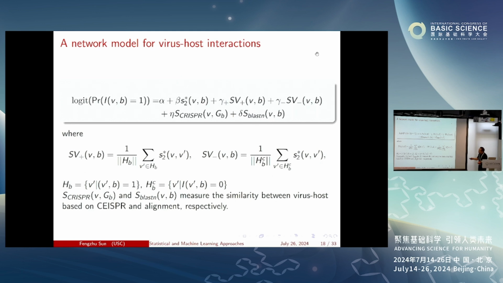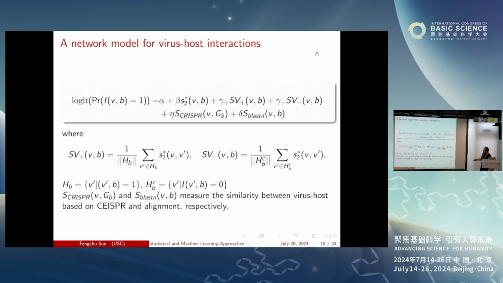The gamma plus indicates the similarity between this virus and all the viruses that affect this bacteria. That's just how similar this virus is to the existing viruses that impact this bacteria.